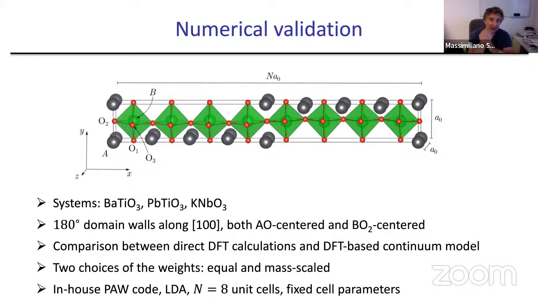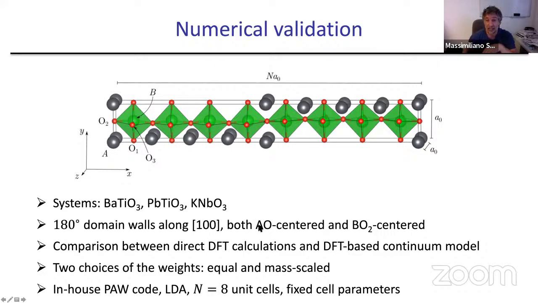We decided to validate this model by choosing three well-known materials, which are barium titanate, lead titanate, and potassium niobate. We also tested a few more materials, but these have a different ground state in their equilibrium structure, so they're less informative from the point of view of the physics. So, as I said before, we consider 180 degree domain walls all along the 100 direction.